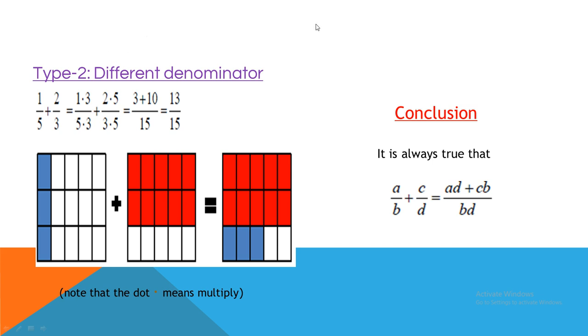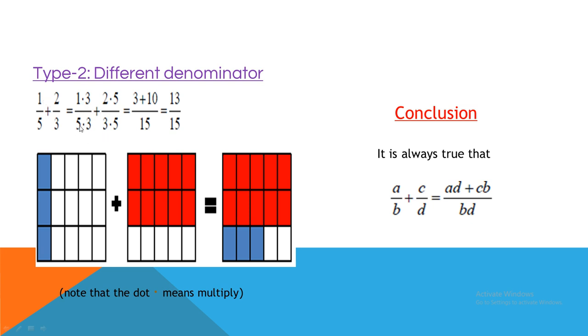In the next type, the second type, we have different denominators. If we have different denominators, for example 1 by 5 and 2 by 3, how to represent them? First of all, the denominators 5 and 3 are different, so we'll make a common denominator, which means find the LCM. The LCM will be 15. So this dot is the multiplication sign.